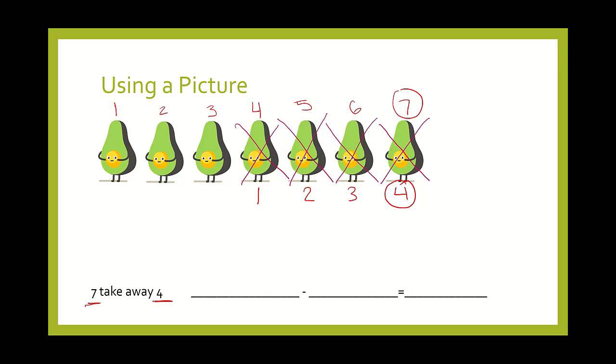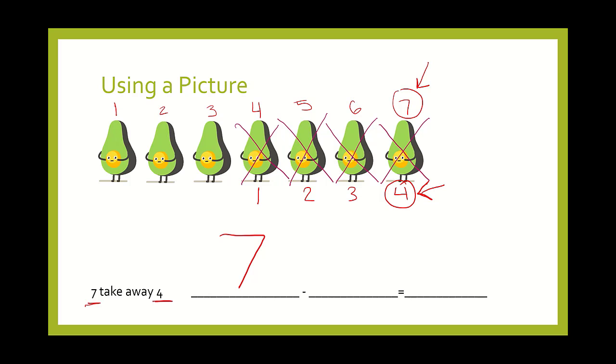And now we're going to show how we can write that using our minus sign and our equal sign. So remember, we're going to start with the number for the whole group, and that's our number 7. We had 7 in our whole group, so that's our number that goes first, 7. And then we had 4 avocados leave.